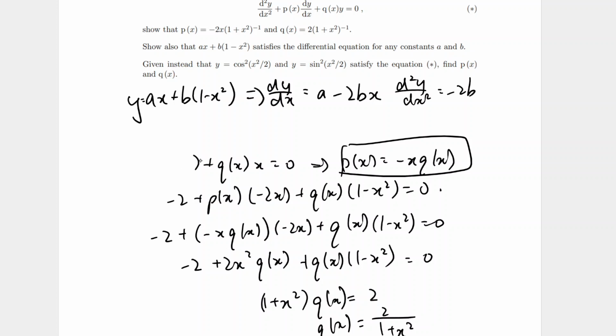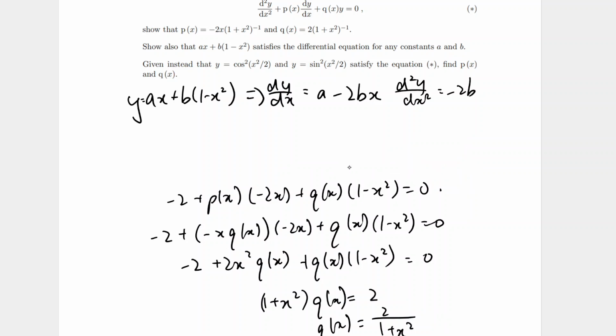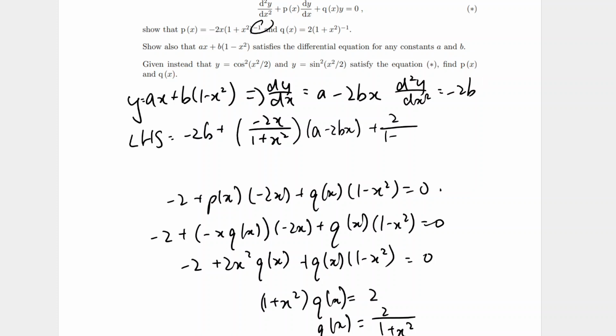Okay, it's just standard procedure, just chuck it in and do the mathematics properly, really, right? So left hand side equals minus 2b plus, well, p(x) is this. I prefer to use fractions instead of the negative index minus 1 because I think it's really annoying. This is much easier to see, I think. Times dy/dx, which is a minus 2bx, plus q(x) of y, which is a really long expression, plus b minus bx squared.